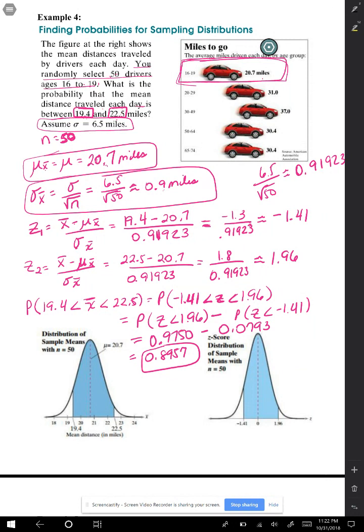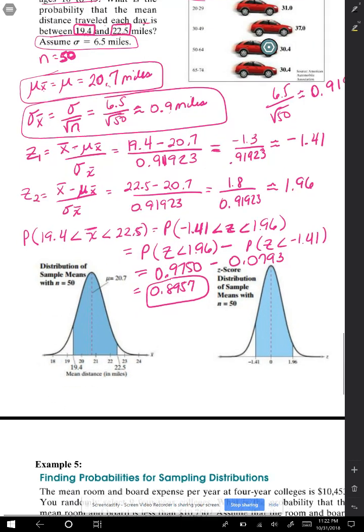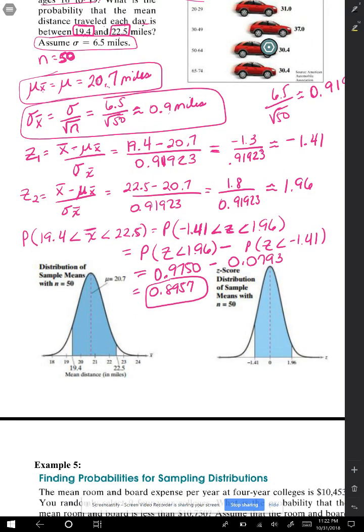Okay, so the interpretation of this, and this is showing you from the graphic. I didn't include the table, but I did include the graphic here. If we want the average driving distance between 19.4 and 22.5, when we create the z-scores from that, we're looking for the z-score to be between negative 1.41 and 1.96.